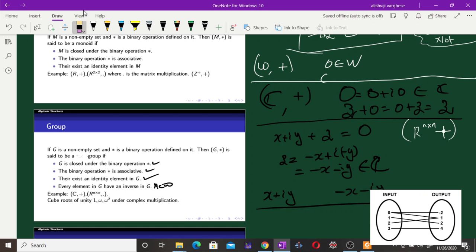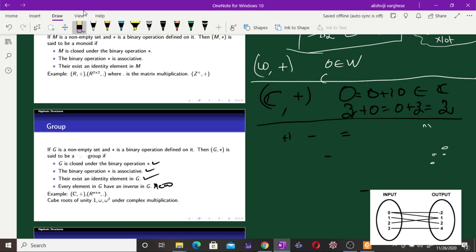If you consider the n by n matrix for which all the entries are zeros, then it will work as an identity element. And for inverse, if Aij is the n by n matrix, then minus Aij will work as the inverse of the matrix.